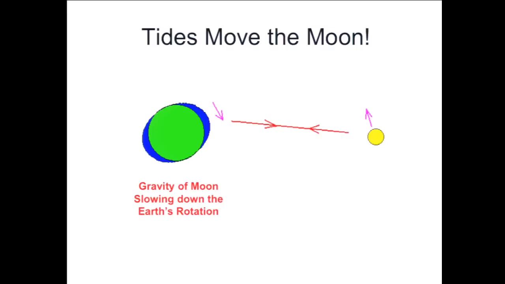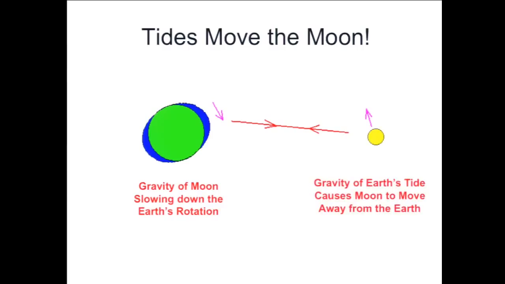Likewise, rotation, in the physics sense, is conserved. The fancy word for that is conservation of angular momentum. So the rotation of the Earth has to go somewhere, and where it actually goes is into the orbit of the moon. And so the moon gets a little bit of a push. It gets a little bit of extra rotation, which pushes the moon away from the Earth.